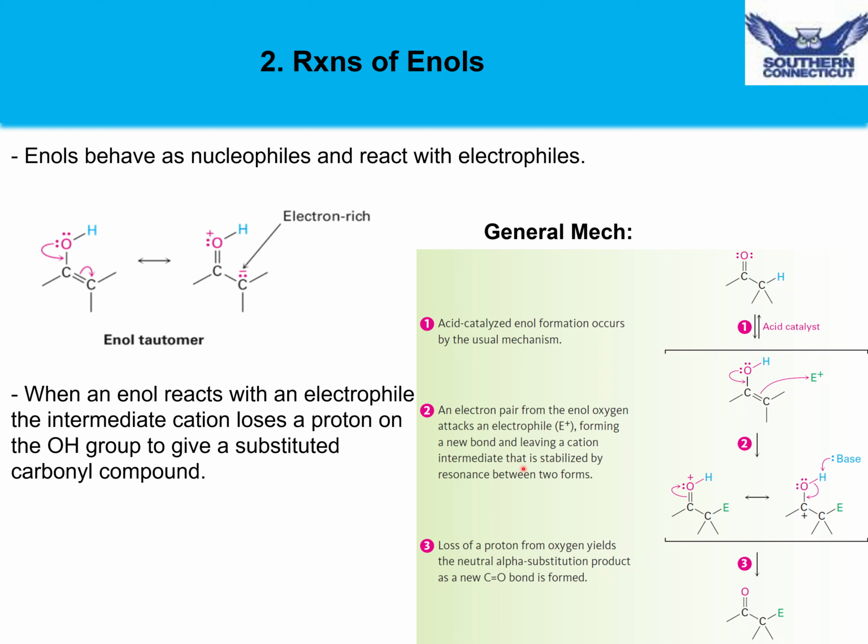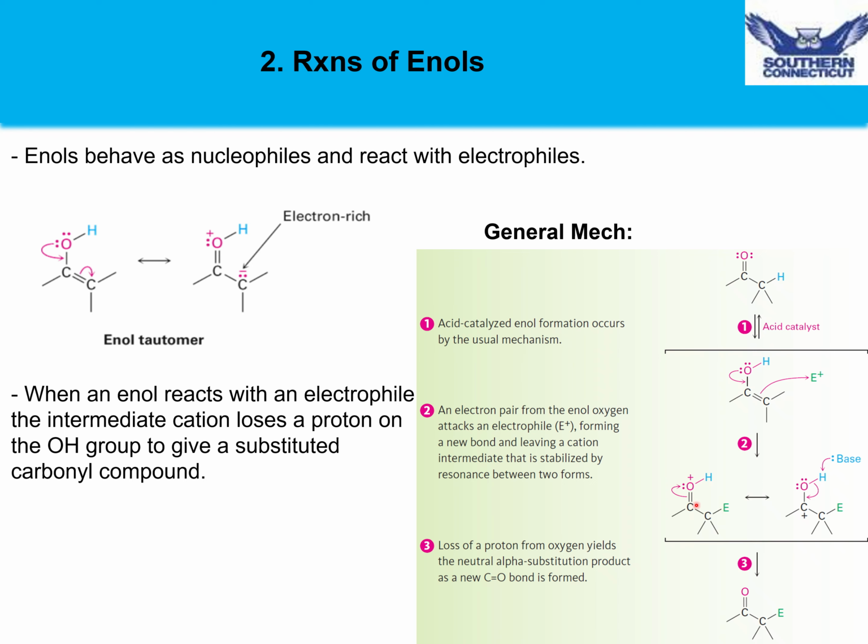So the carbonyl will take a hydrogen from, let's say, HCl to give us this protonated intermediate. And then this enol would attack an electrophile and do a substitution at the alpha carbon. Note that in that process, we are reforming the carbonyl.